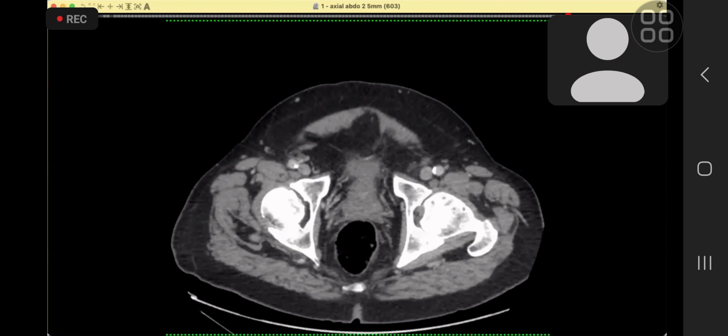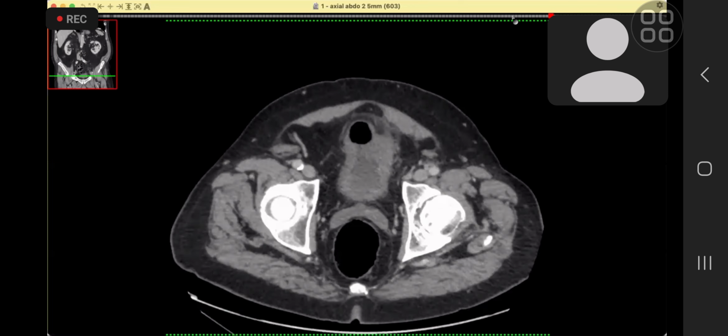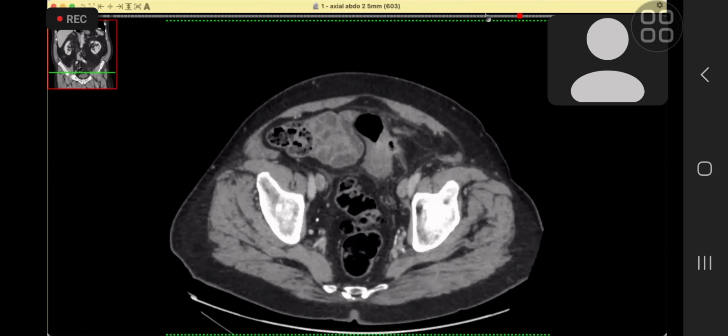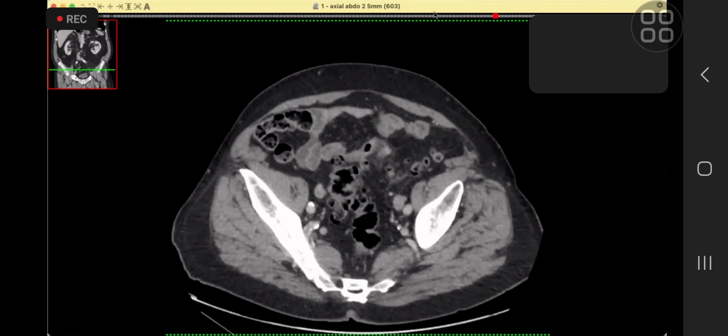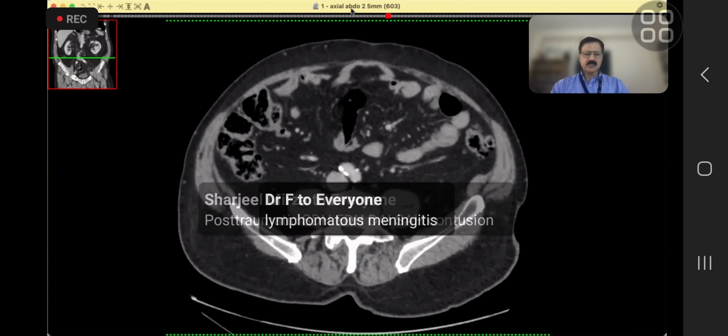So I just want to review the pelvis again. Just concentrate on the left iliac fossa where the maximum tenderness is.